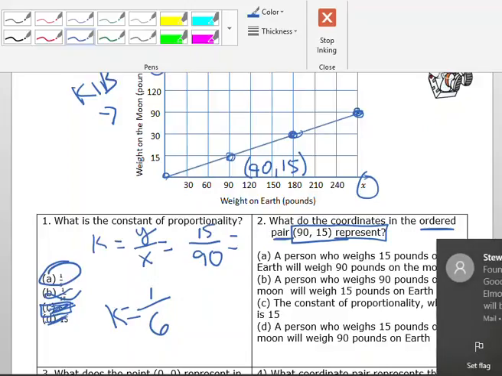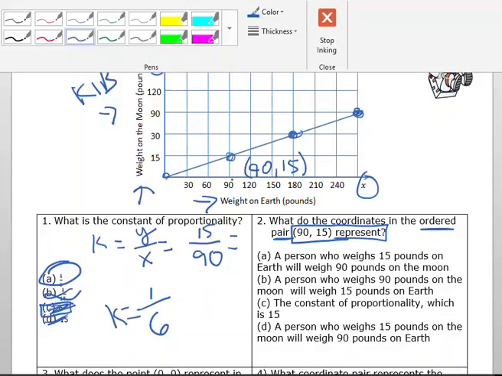And so I'm going to take a look here. And I know that my x-axis is my weight on Earth. My y-axis is my weight on the moon. And so now I know that this point is telling me if I weigh 90 pounds on Earth, I'm going to weigh 15 pounds on the moon. So I'm going to look for a sentence that means that.